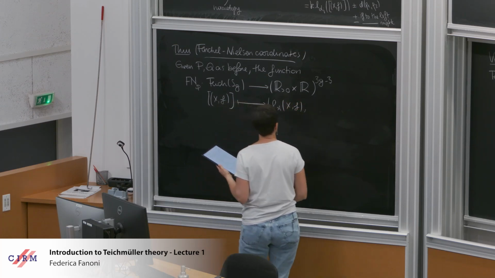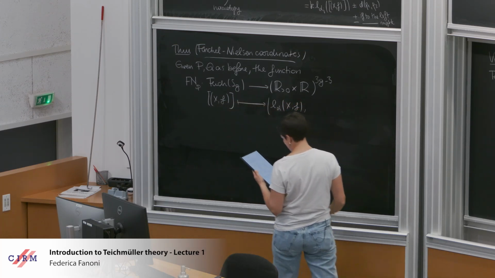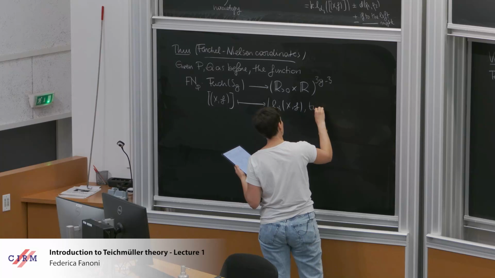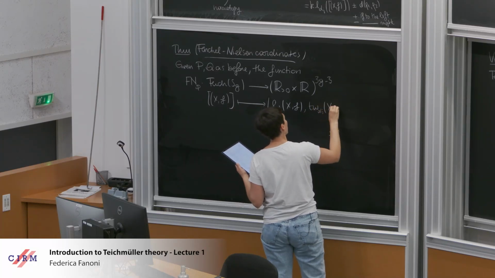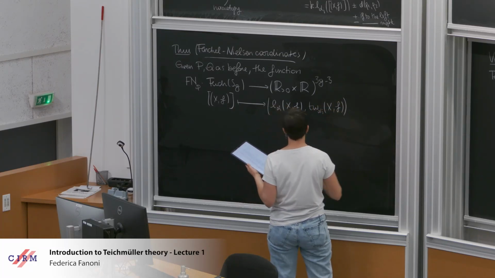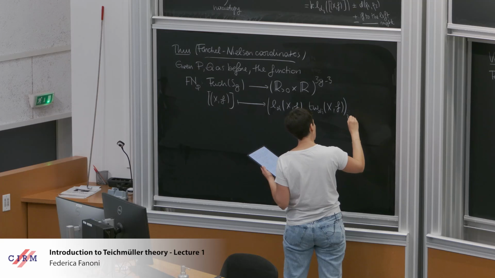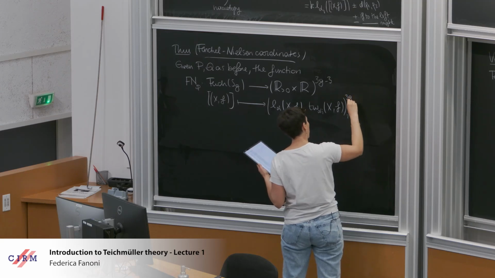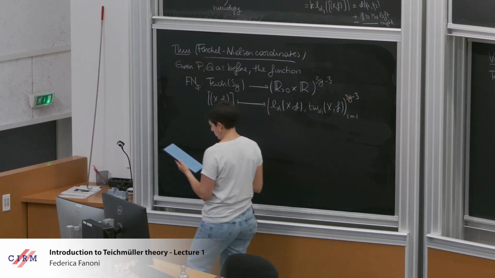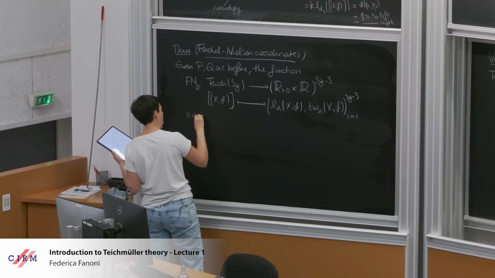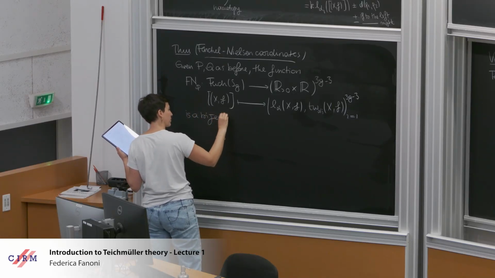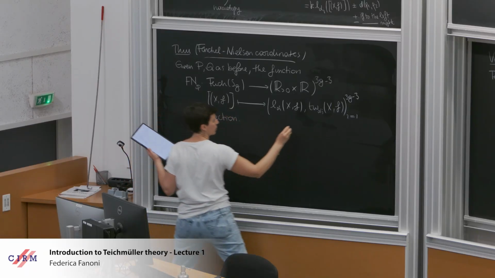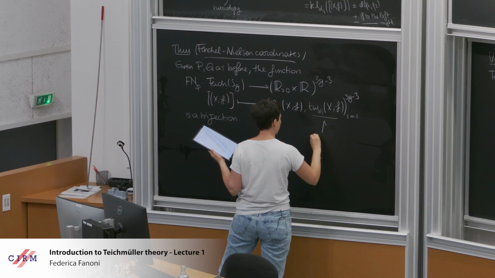Sorry, I'm going to forget the brackets because they become too many. This thing is a bijection. And these ones are the twist parameters.